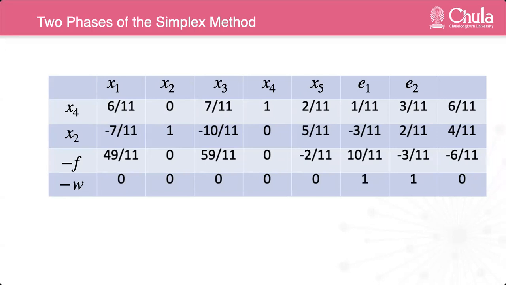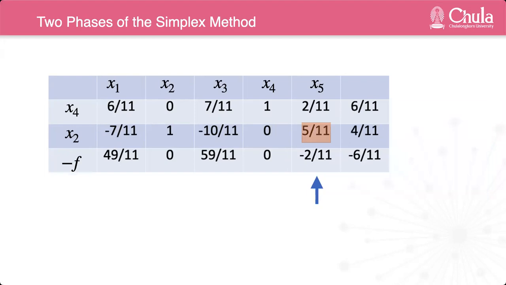For phase 2, we don't consider W anymore because we have already gotten the feasible solution. Also E1 and E2, we don't consider them anymore because they are 0 already. So we remove them from our table.